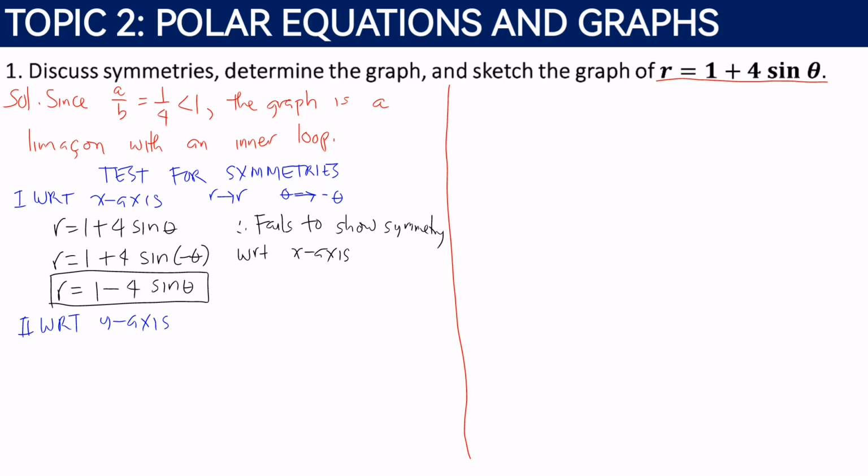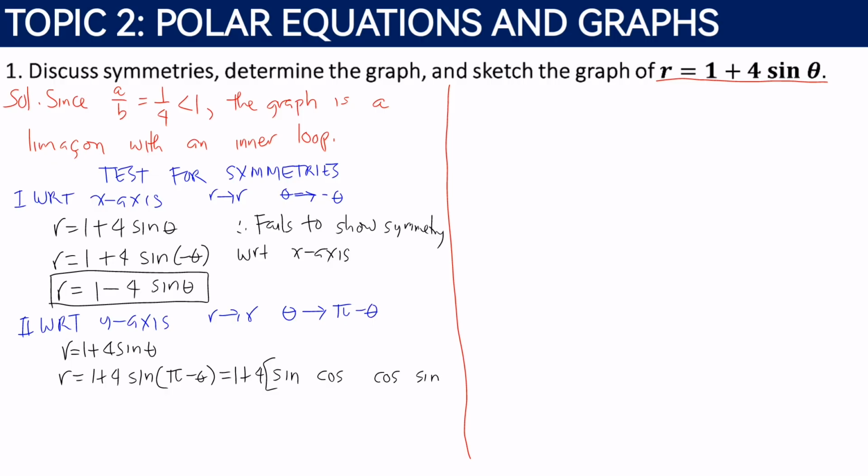To do this test, we retain r and replace theta by pi minus theta. Let's start with the given. R equal to 1 plus 4 sine of theta. Retain r. Replace theta by pi minus theta. And the sine of a difference, we get sine, cos, cos, sine. Distribute the angles. We have pi, theta, pi, theta.